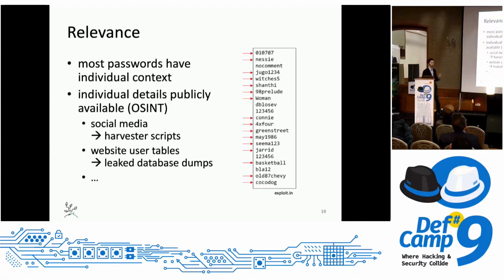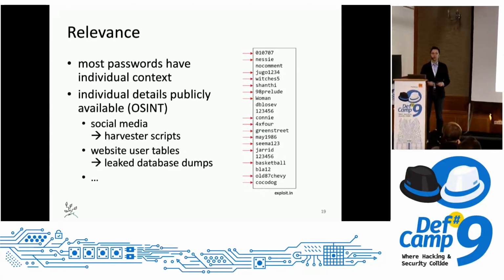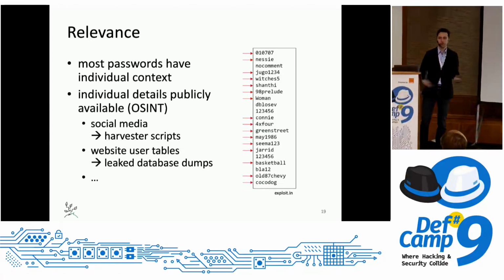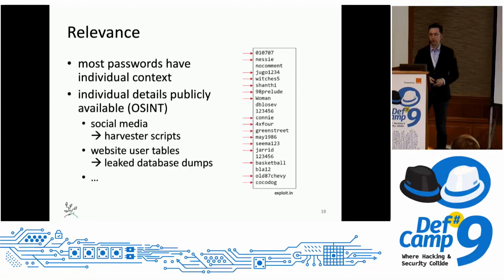And the cool thing about individual information is that many of those things are publicly available. So if you write a social media harvester script, for instance, you could just scrape the information from Facebook or whatever, if it's publicly available. You could also use website user tables.